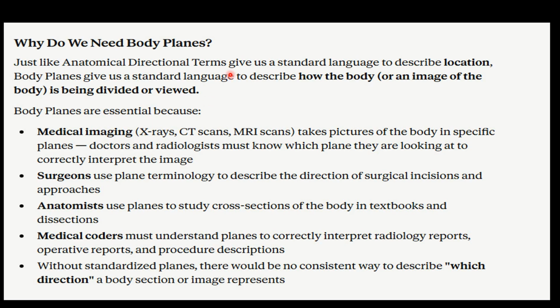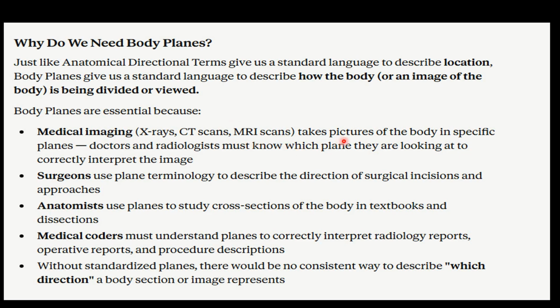Like we know anatomical terms of direction provide us the actual information about the location. Similarly, body planes give us a language to describe how the body is being divided or viewed by the professionals.